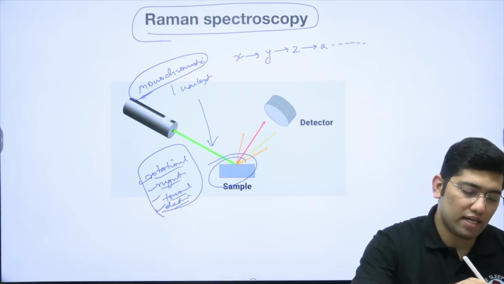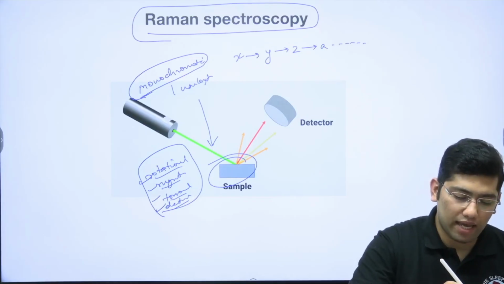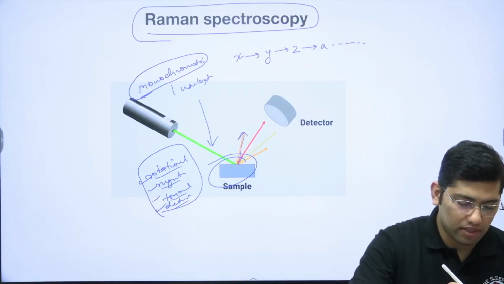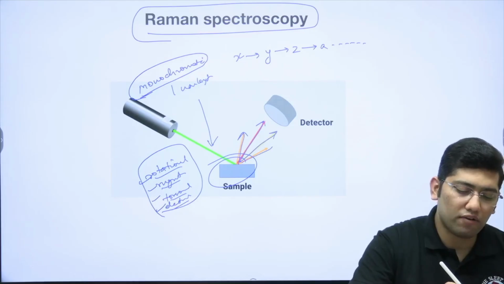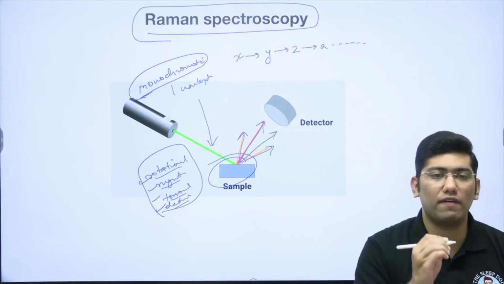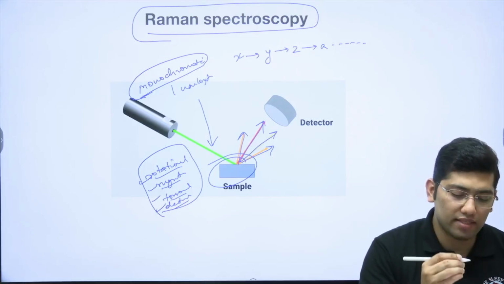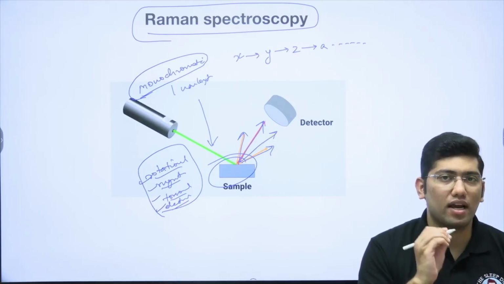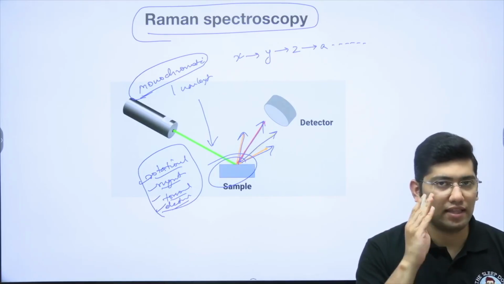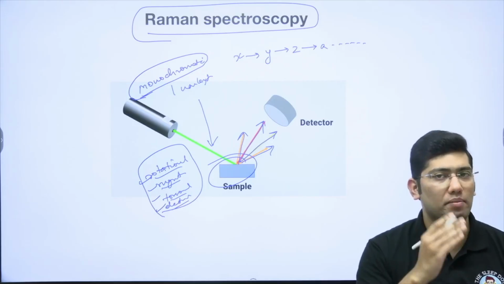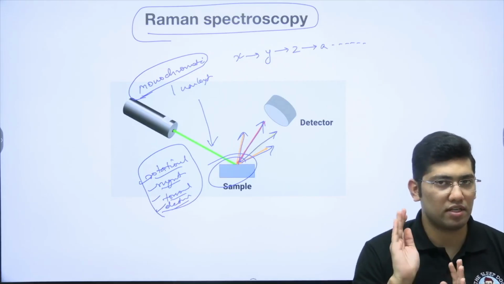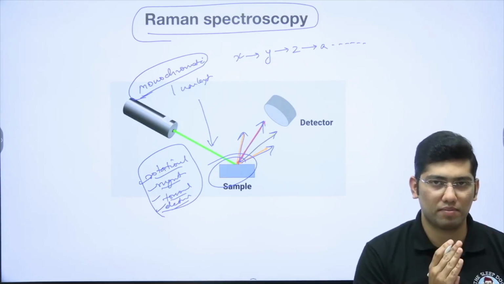So a single monochromatic light can be dispersed into many scattered wavelengths which are of smaller energy than the incident light. This scattering effect is known as the Raman scattering effect, and this is the basis of Raman spectroscopy. This much is enough to understand what is Raman spectroscopy.